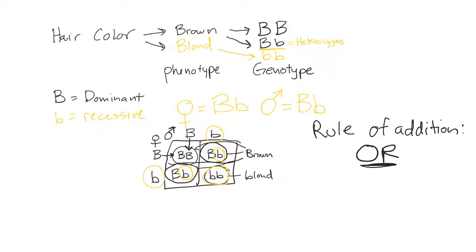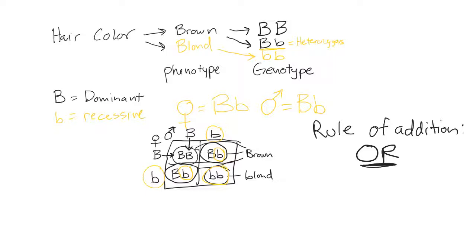So one way to look at this is what's the probability of this child being a blonde or being homozygous dominant. Okay? You can do this in your head, but what you're doing is the rule of addition.